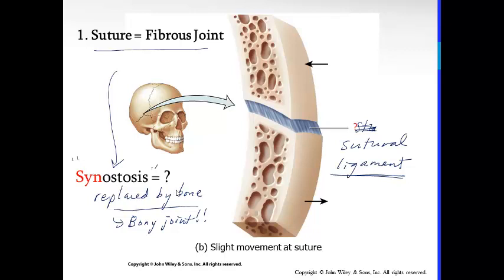If they become bone-like, a bony joint, which is very hard, do you think it can move? No, it can't move. So these are synarthrosis, immovable. This is when we become much older. When we are younger, they are more movable, slightly movable.